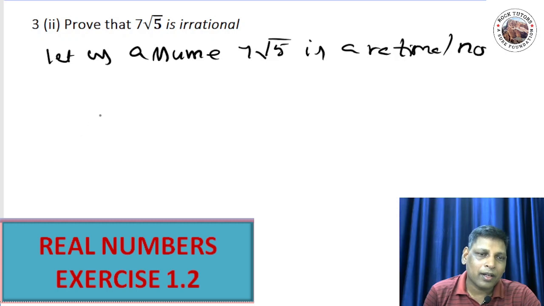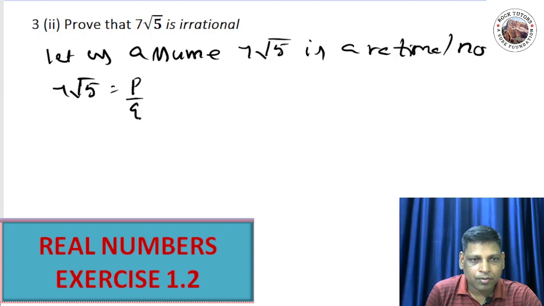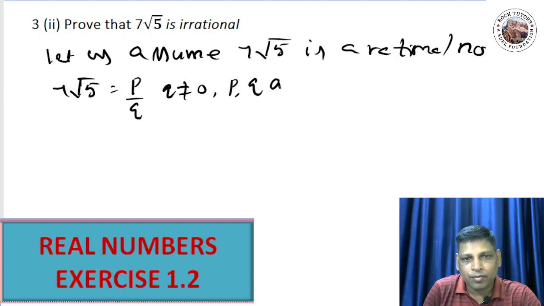Then I can write 7 root 5 is equal to p by q, and q is not equal to 0. p and q are integers.